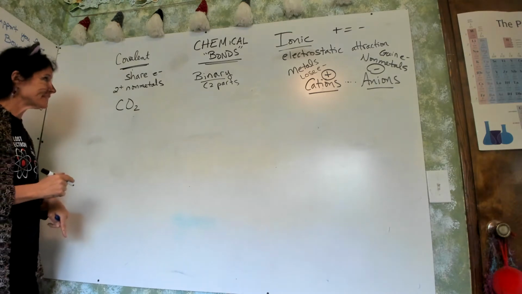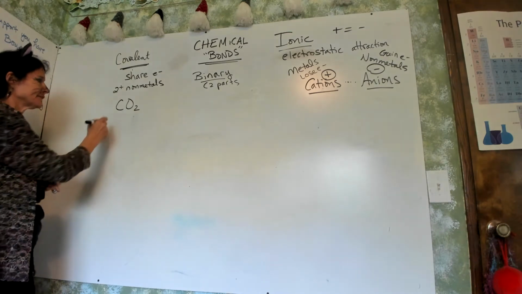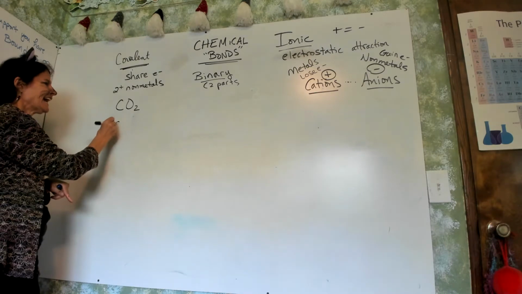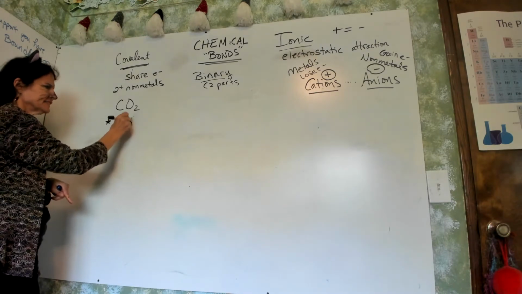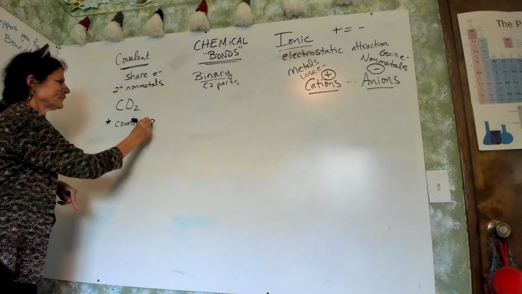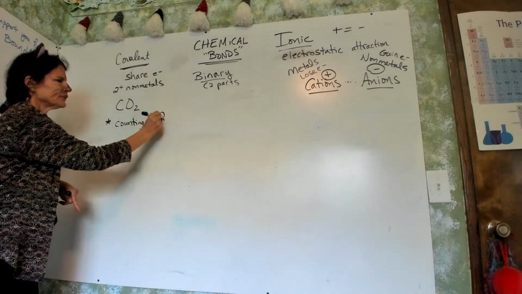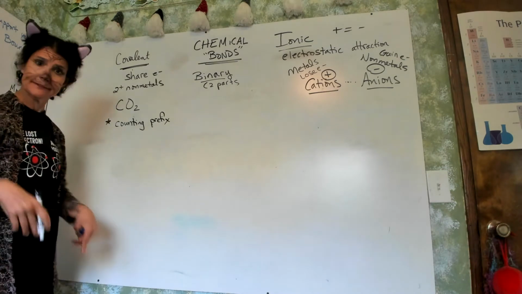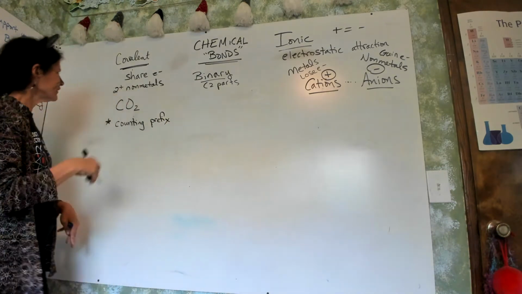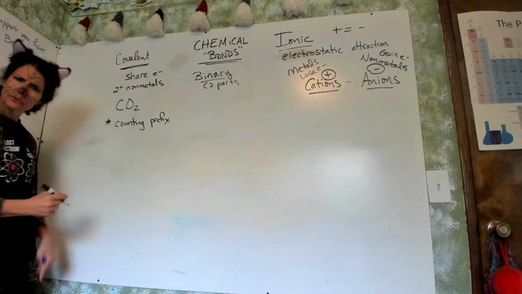For right now, you just have to name it. So when you see two or more nonmetals, this is where you use counting prefixes, is what I call them. And I wrote your lab, so that's what they're called in your lab. And on Google, they're going to call them something really fancy. And the tutoring center is going to call them something really fancy. And they'll all give you all the answers you need. But you guys all know what CO2 is.